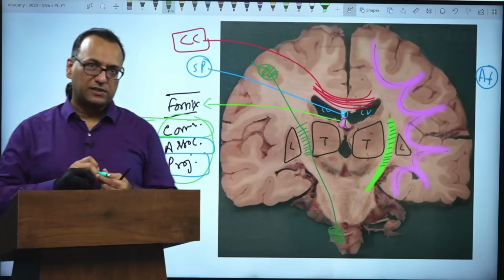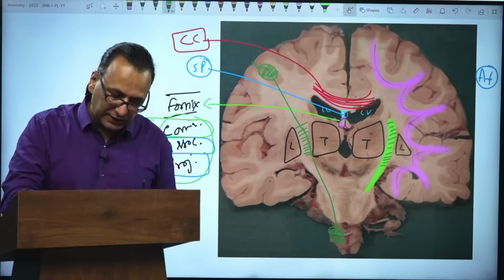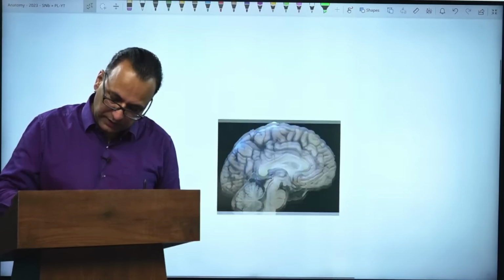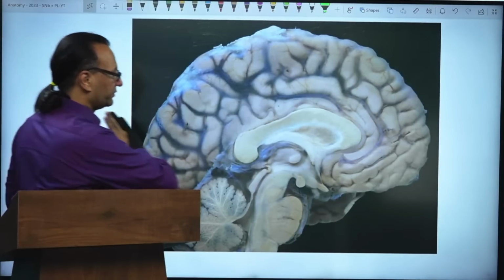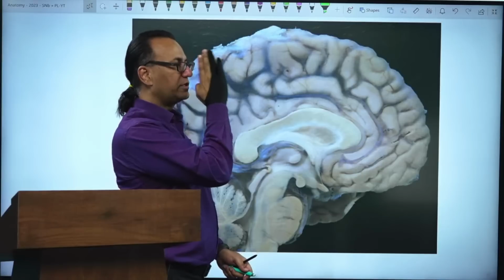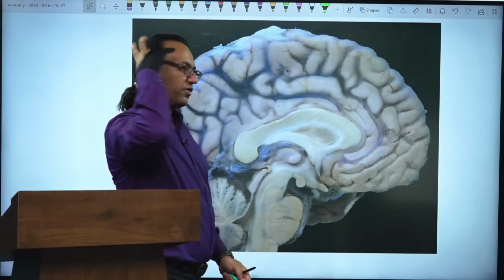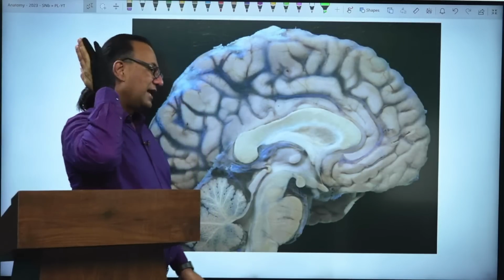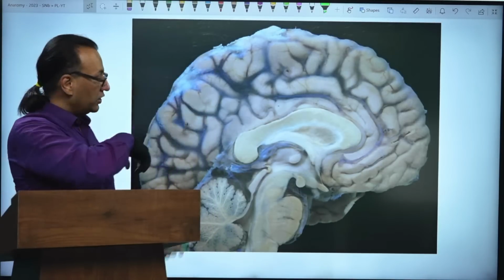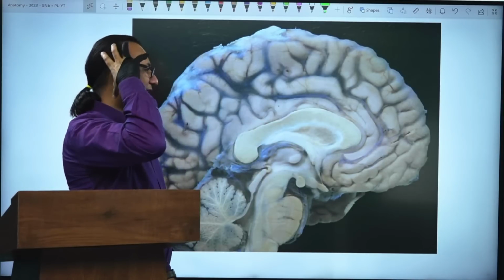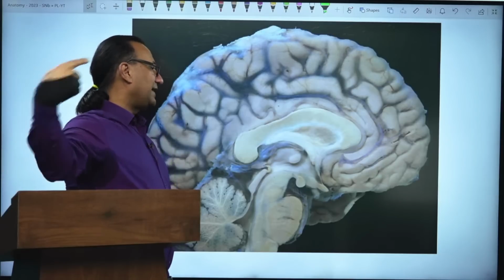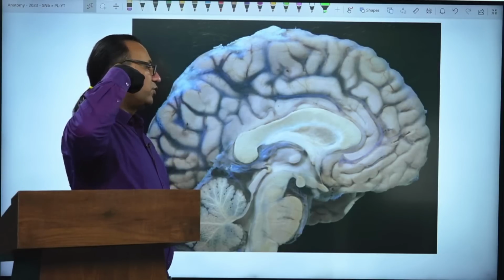We will use this diagram once again, but at this moment, you are looking at a sagittal section of the brain, anterior, posterior. You have removed the right half of the brain and are looking at the left half from the medial view.